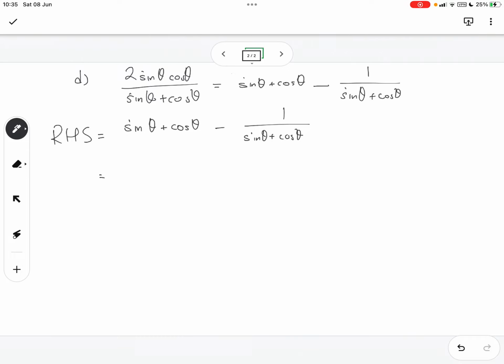If we take the right hand side alone, that equals sine theta plus cos theta minus 1 over sine theta plus cos theta.